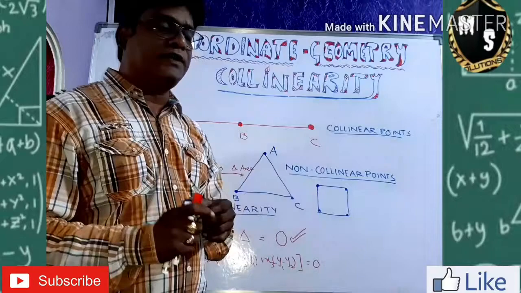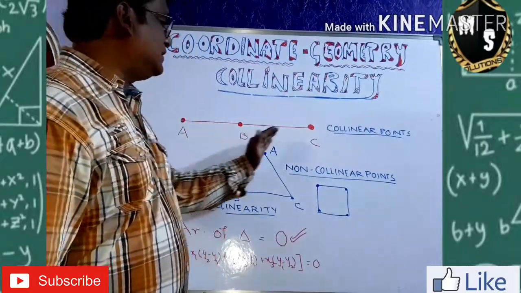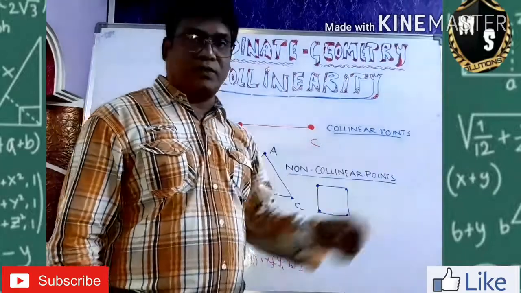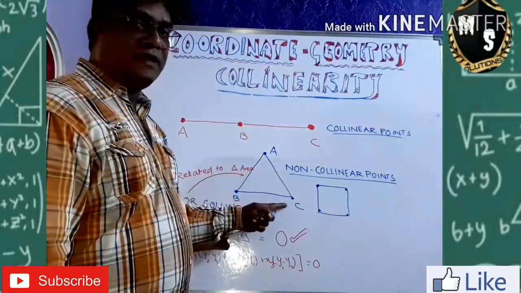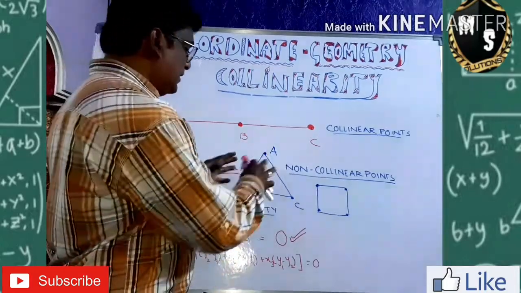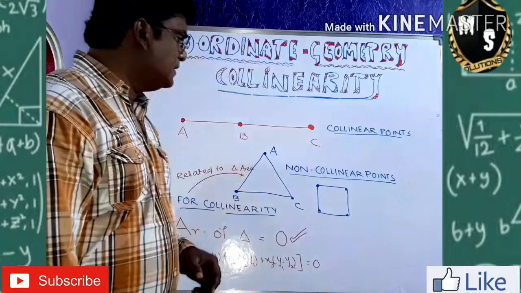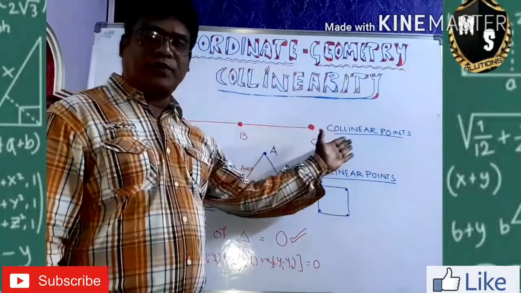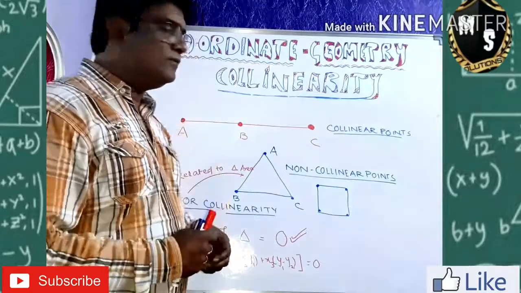Then what is collinearity? Look, I am taking some points here, A point, B point and C point, and I wrote here collinear points. And I took some points here A, B, C, which are a little bit here and there, and I wrote here non-collinear points. So what is the difference between collinear points and non-collinear points? Right now we are going to discuss it.